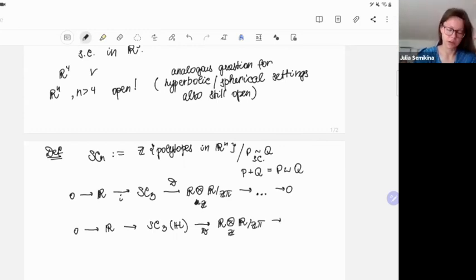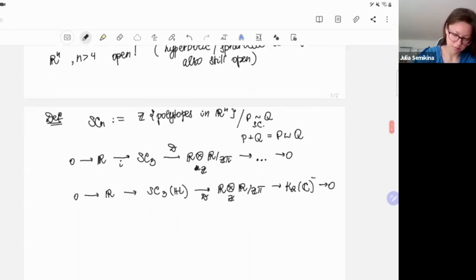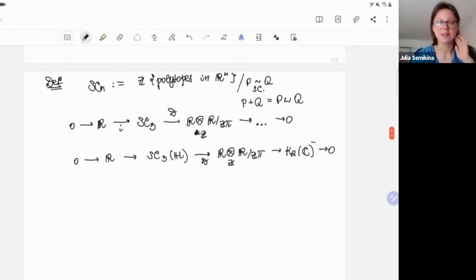And here as a cokernel, we have K2 of complex numbers. It's not exactly K2 of complex numbers.